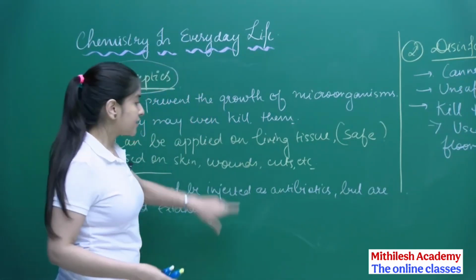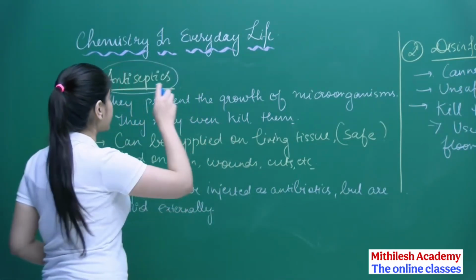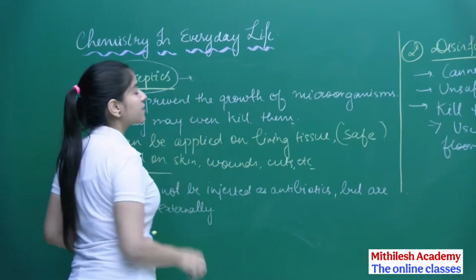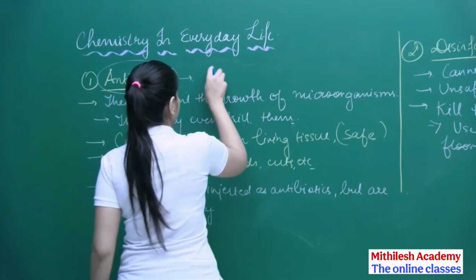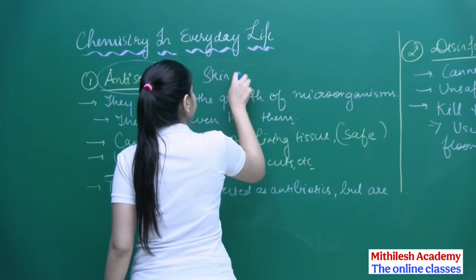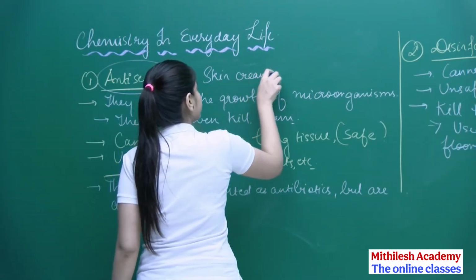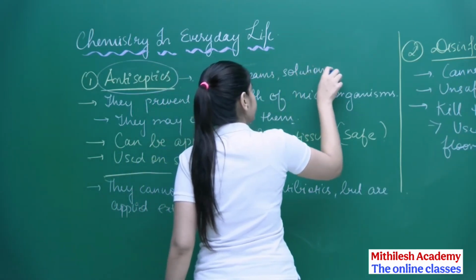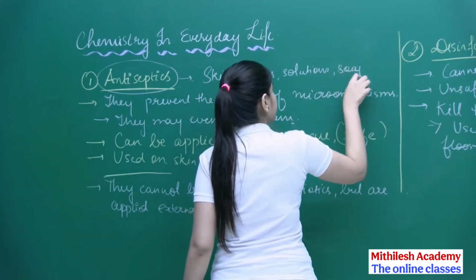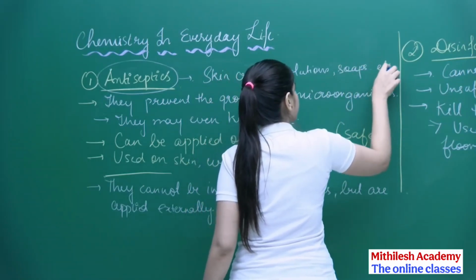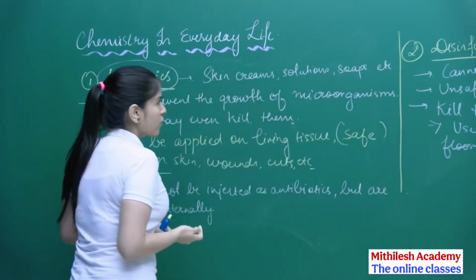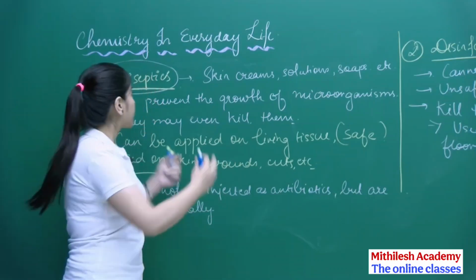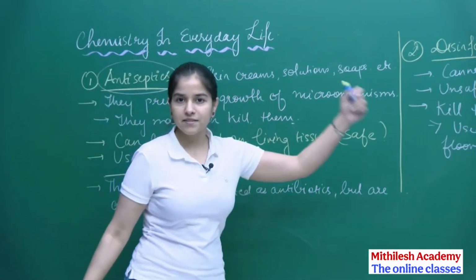So basically that is what is included in the antiseptics. What kind of antiseptics do we have? We have skin creams, solutions, soaps, etc. So I hope you all have got the difference between the antiseptics and the disinfectants.